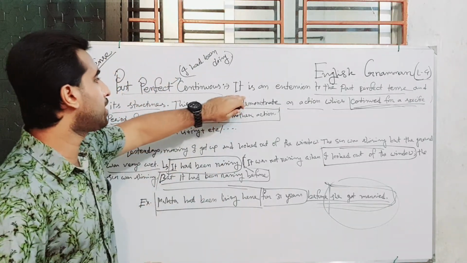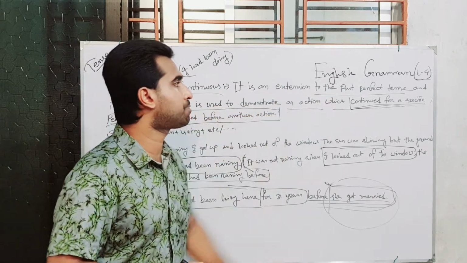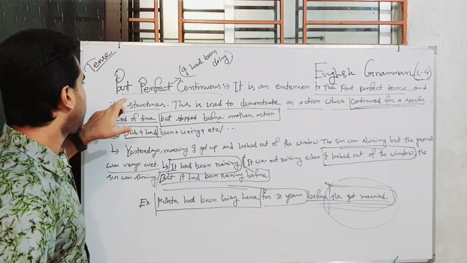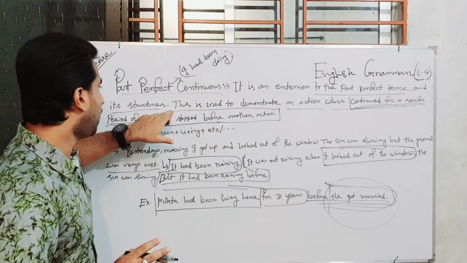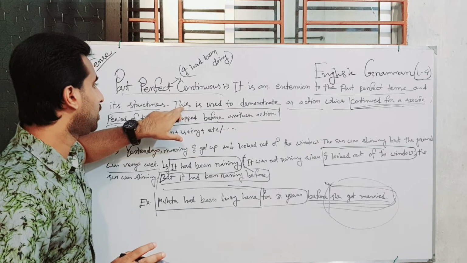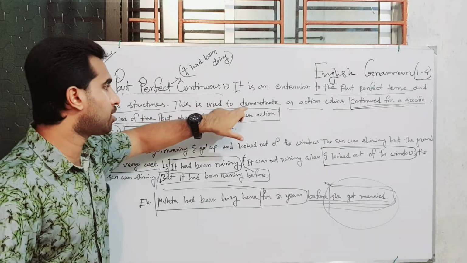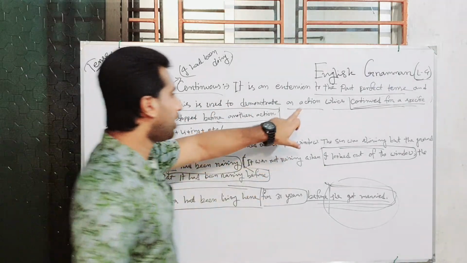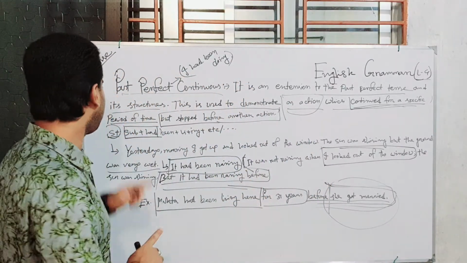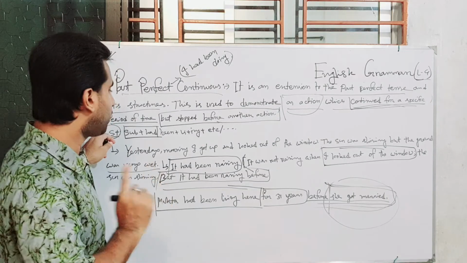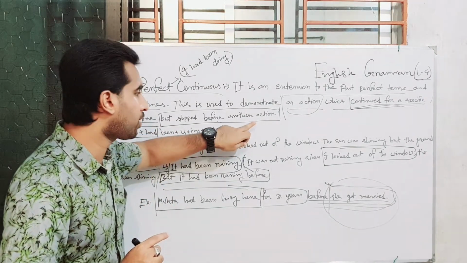Again, I explain this definition. It is an extension to the past perfect tense and its structure. This statement is unnecessary for you to memorize; you have to understand these. This tense is used to demonstrate or clarify an action which is continued for a specific period of time but stopped before another action.